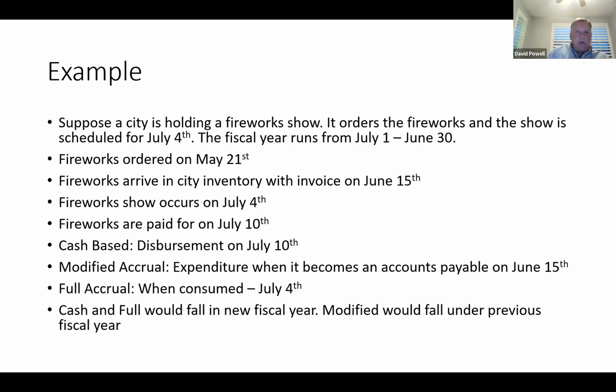So if you have an enterprise fund, like a child development program, that must be accounted for using full accrual accounting as opposed to modified accrual accounting. That is a requirement from GASB that came out in, I think it was Statement number 75, a few years ago. You have to use full accrual accounting for proprietary funds, modified accrual accounting for all other funds.